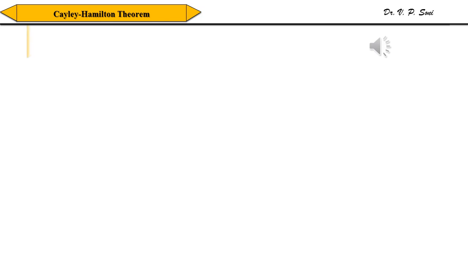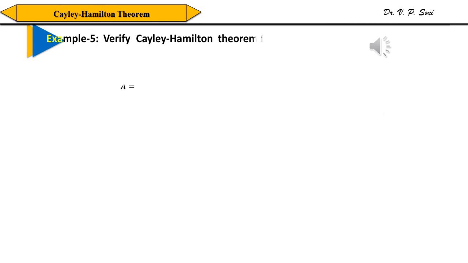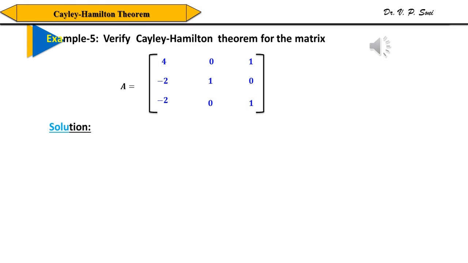Now let us take example number 5. Verify Cayley-Hamilton theorem for the matrix A whose first row 4, 0, 1, second row minus 2, 1, 0, third row minus 2, 0, 1. Solution. The characteristic equation is the determinant of A minus lambda I equal to 0.